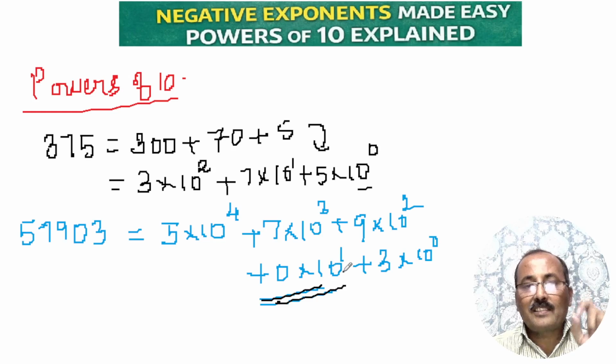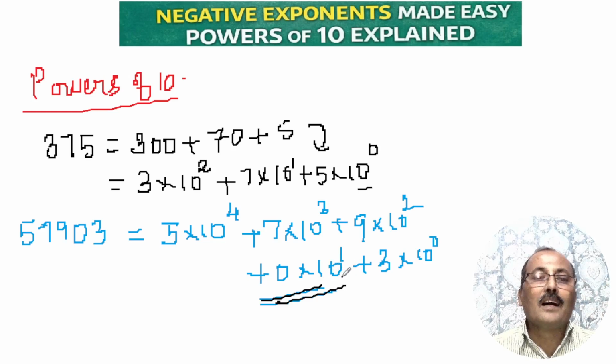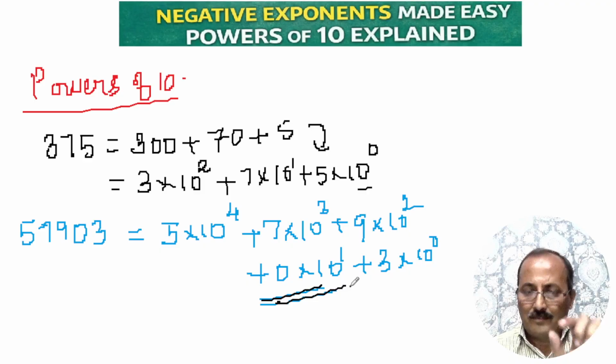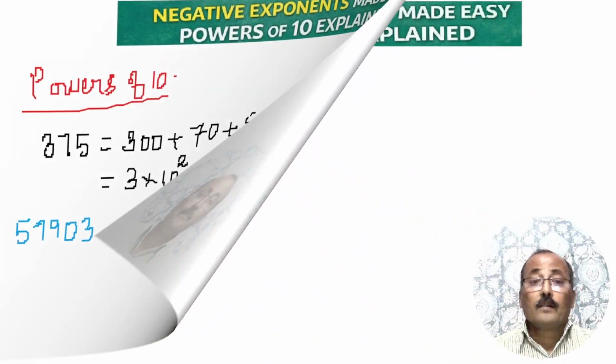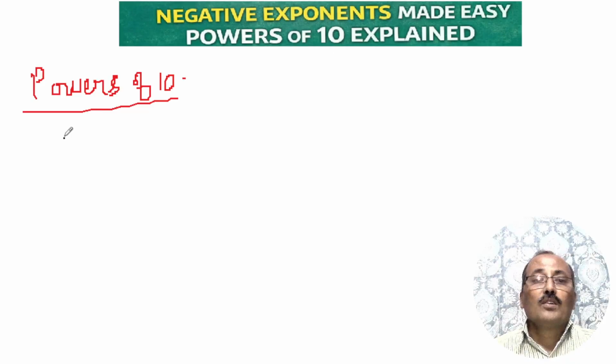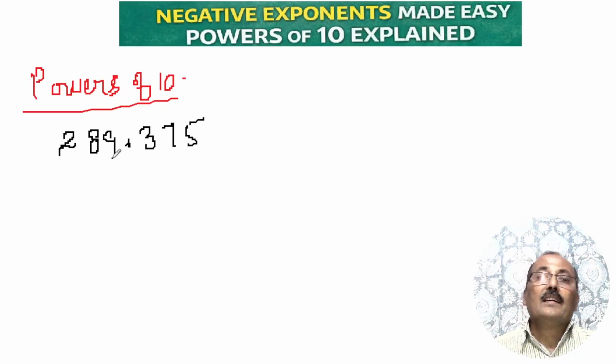We are expressing every given number in terms of powers. Can there be negative powers here? Yes, sometimes. Wait a minute, I'll change the slide. Okay, take this question: 289.375. Yes, this is a decimal number. Even if a fraction comes, it will become a decimal.